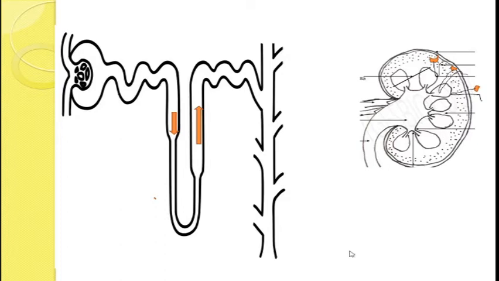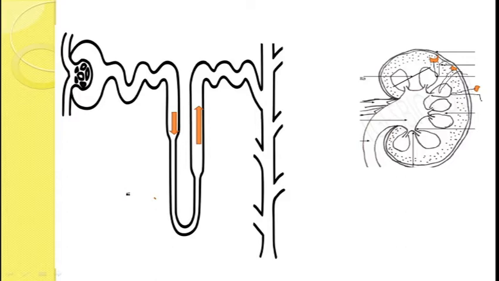The first special feature of the renal medulla is its very low blood supply. With a supply which is less than 5% of the total renal blood flow, the medulla is supplied with a very sluggish blood flow.